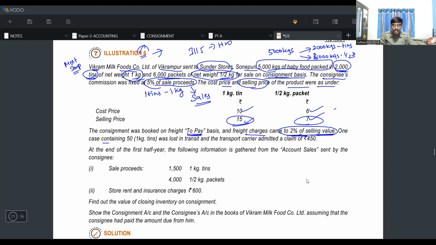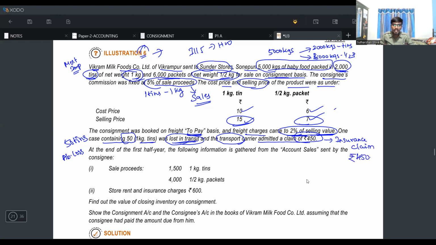One case containing 50 1 kg tins was lost in transit. Was lost in transit means it should be taken as abnormal loss. Then the transport carrier admitted a claim of rupees 450. Insurance company gave compensation of 450 rupees.